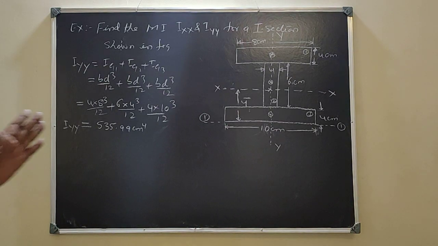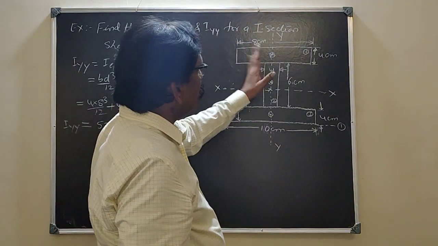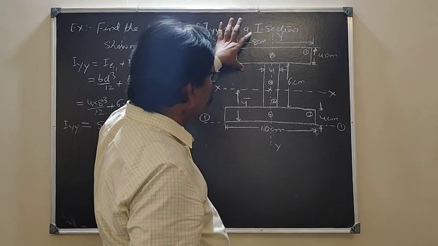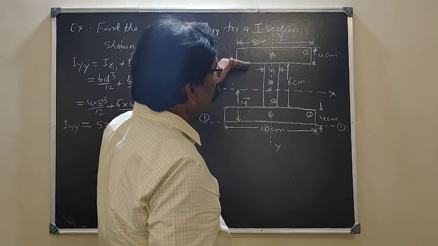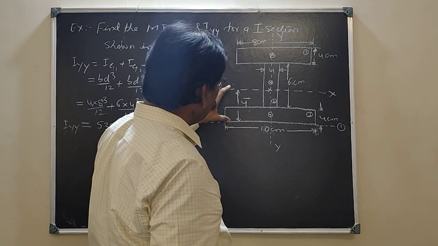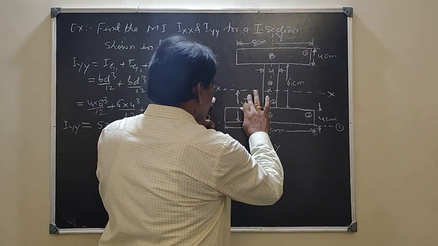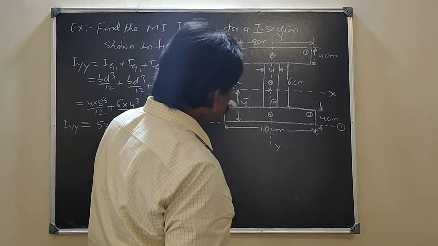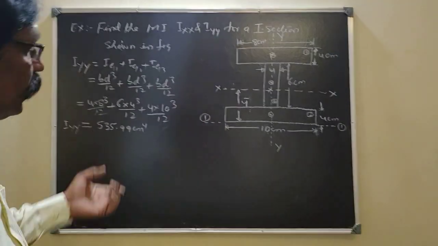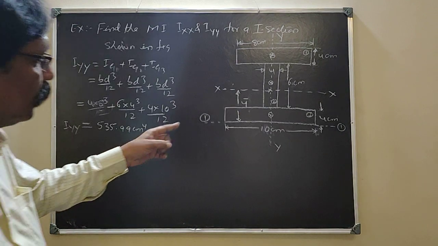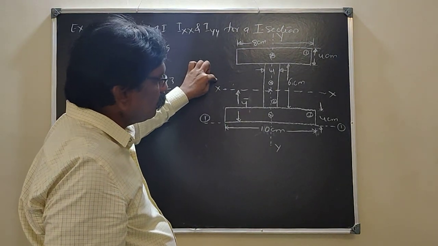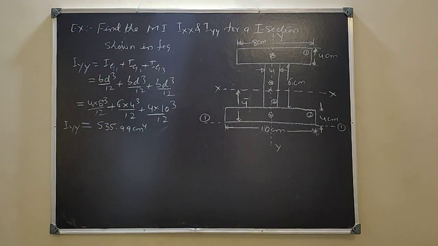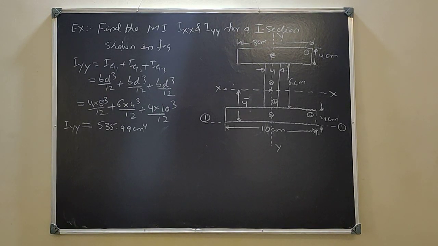As far as the y direction is concerned, it was symmetrical, so we did not find any x bar. But here it is unsymmetrical about the x-axis. Therefore, we need to find the center of gravity, at what distance it is from the reference axis, and then transfer the moment of inertia to this centroidal axis by making use of the parallel axis theorem. So now we can calculate the moment of inertia Ixx for this composite section.